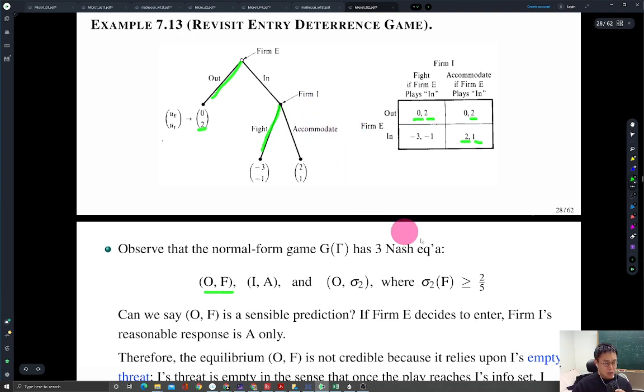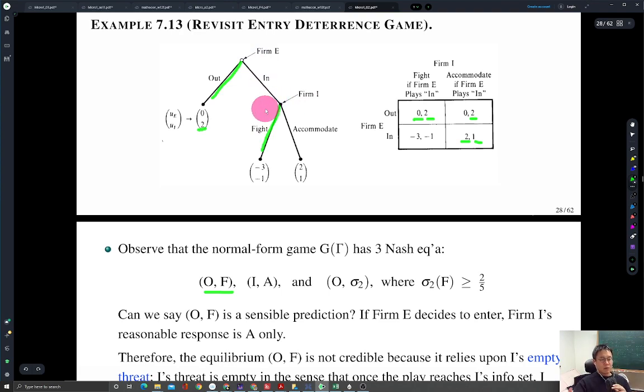In other words, in this first Nash equilibrium, the incumbent intimidates the entrant by saying that if you choose in, I'm going to fight with you, so then your payoff is just a -3. It's way better to stay out. So the incumbent attempts to threaten the entrant like this, right?